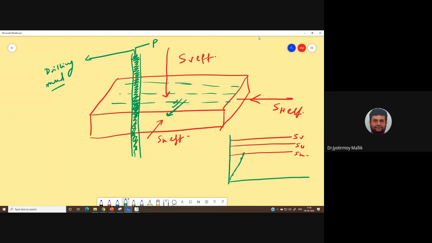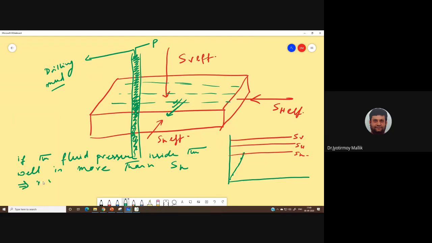So the moral of the story is, if the fluid pressure inside the well is more than S small h, or what we call the minimum horizontal stress, then what we observe is that the formation, this rock, hydrofracts.